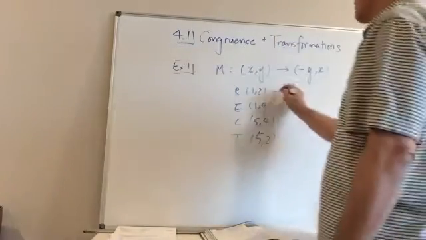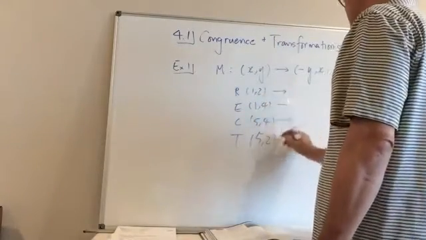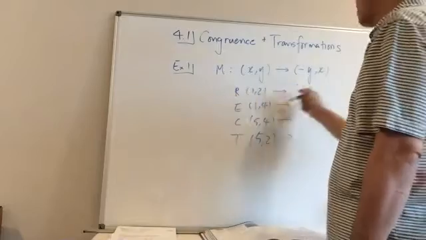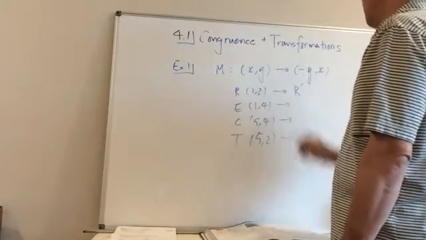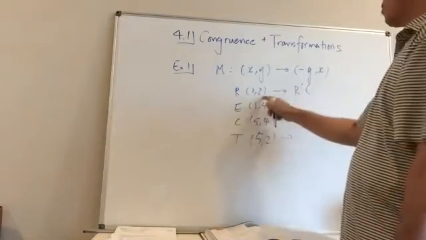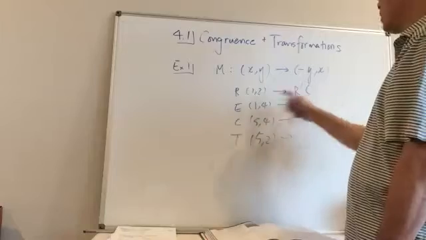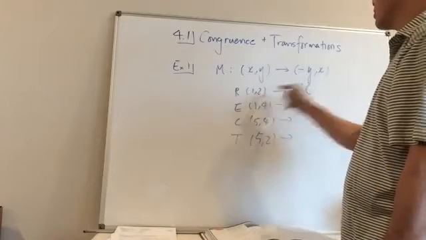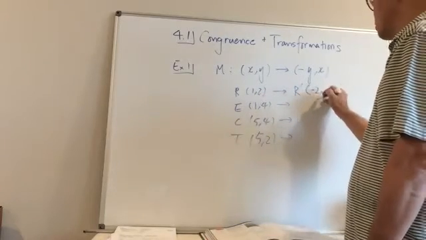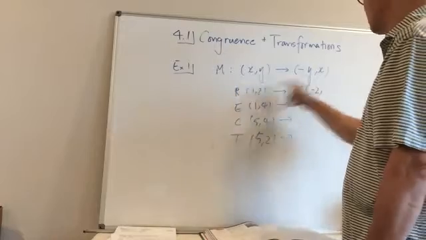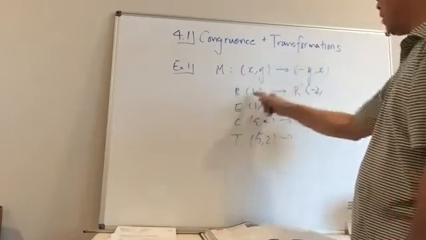Let's go into the transformation. So the transformation after R is going to be R prime. This is X and Y, and I'm going to put minus Y in front. So Y was equal to 2 here, so the front is going to be minus 2. X, I move over to the Y spot now, and that's going to be 1.